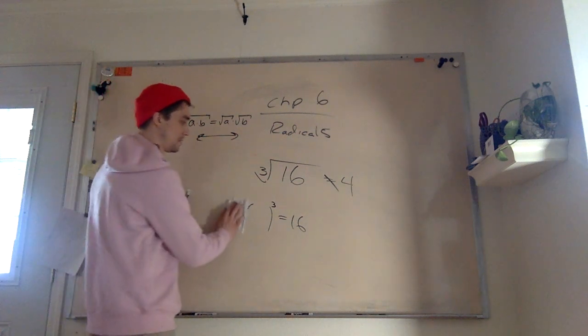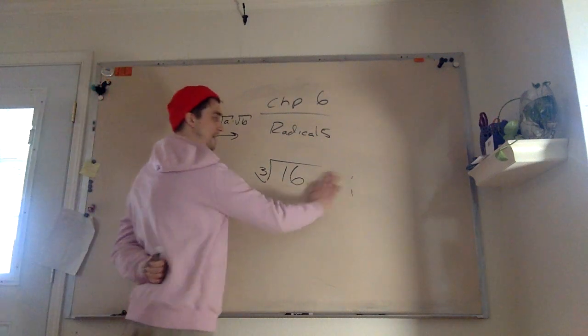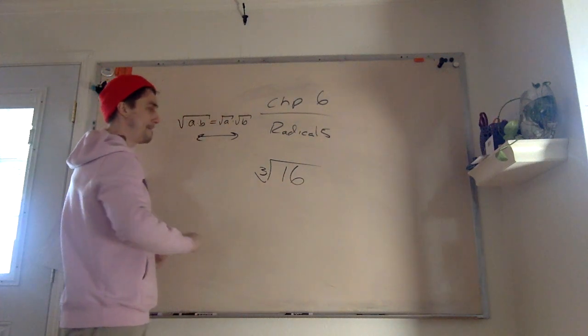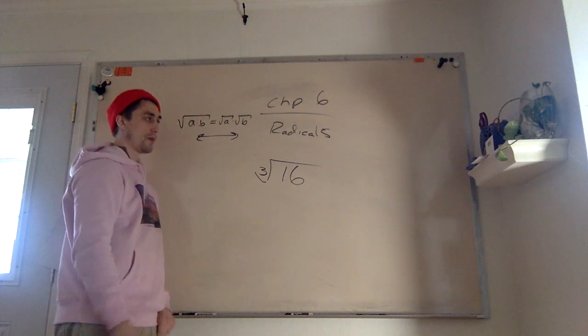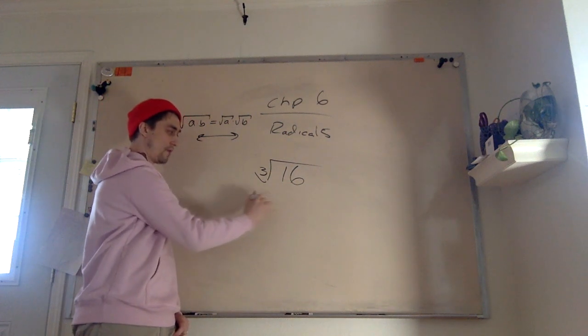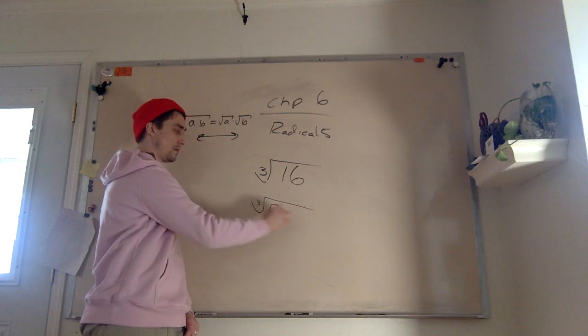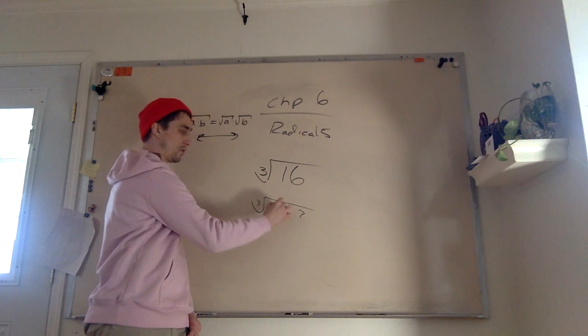So what you've got to do is use this factoring process. Before, when you were talking about square roots, you're looking to break this number into 2 numbers, where one of those is a perfect square. Now what you're doing is breaking this into 2 numbers, where one of these is a perfect cube.